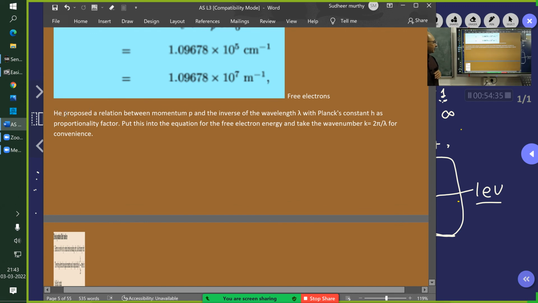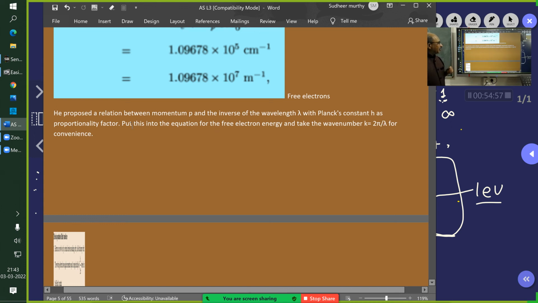One more important thing is, he proposed a relation between the momentum p and the inverse of the wavelength, with Planck's constant. In the waves chapter, we used k. I suppose all of you remember. k is equal to 2 pi by lambda. Already we have done that, remember?